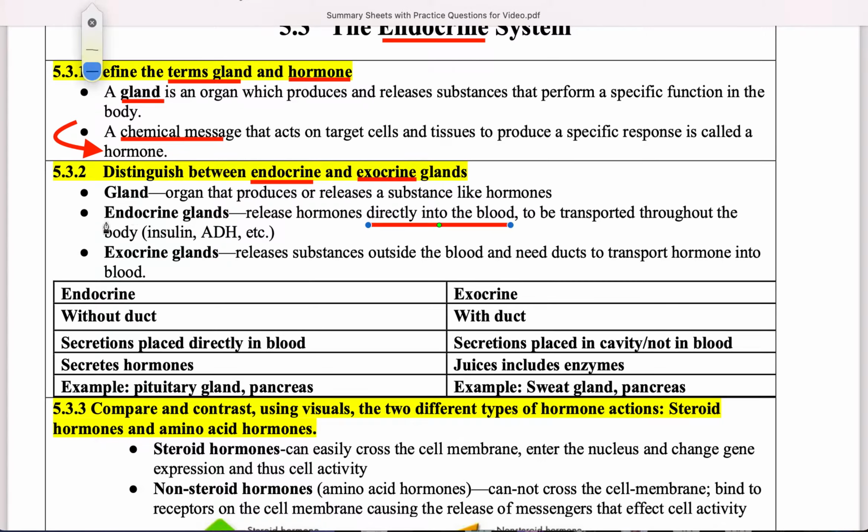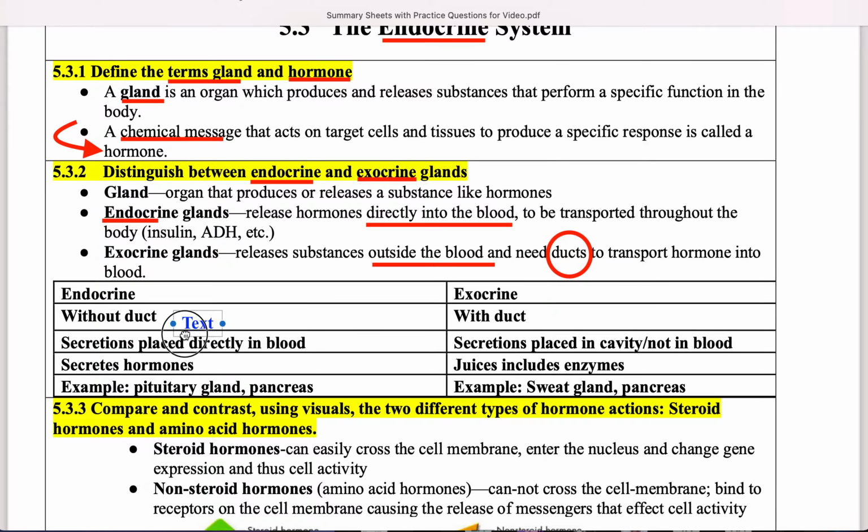Remember, both of these glands release chemicals. One releases directly into the blood, and the second releases out of the blood, and once released out of the blood, they need a duct to be transported from one place to another.